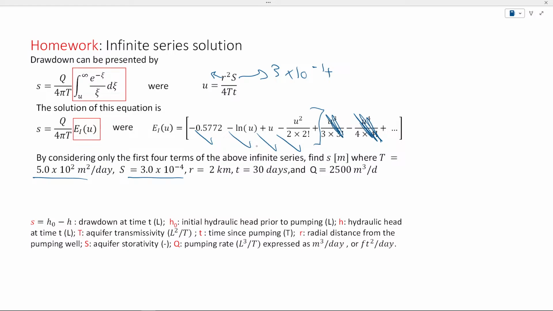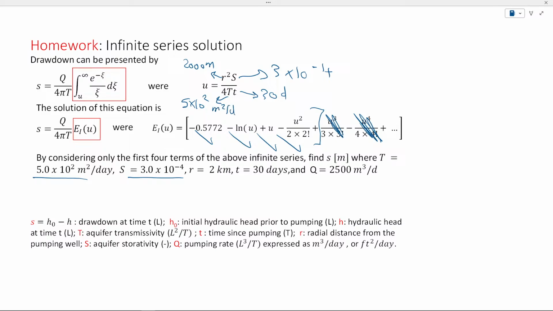Make sure you convert this to meters, so this would be 2000 meters. And I'm giving you t in days, which is 30. And I'm giving you transmissivity, which is 5 times 10 to the power minus 2. This is in meters, this is in days, this is in meter cube per day.